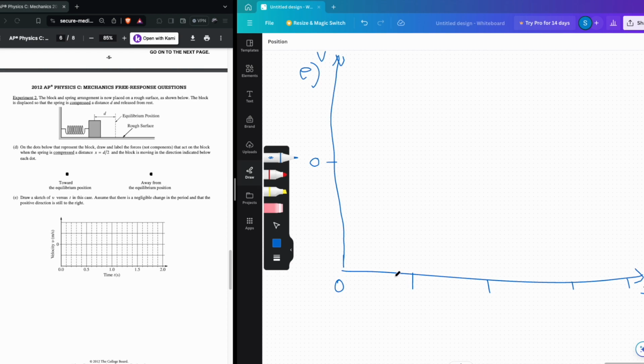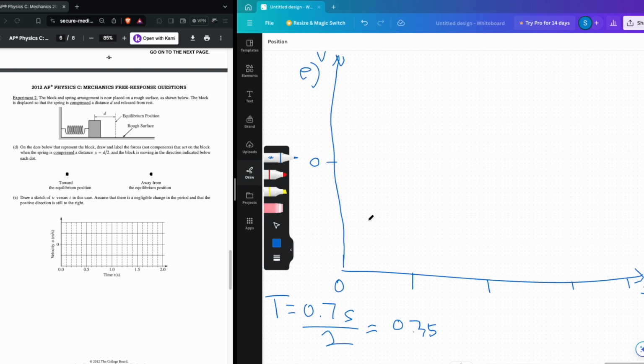As our period before was T equals 0.7 seconds, we have to remember that the velocity is 0 when the block stops moving, obviously, and that would be at maximum compression. That would be at half the period, so we divide by 2 and get 0.35. At every single interval of 0.35, the graph should intersect v equals 0.